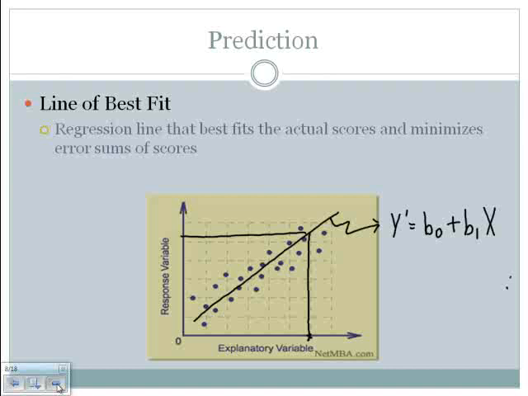When someone new came in, we would just put their score here on x after we measured it, and we would calculate what their predicted score on y is. So that line is the line of best fit. It is put in place by the regression equation. It is put in place correctly so that we reduce error sums of squares to the smallest amount possible.